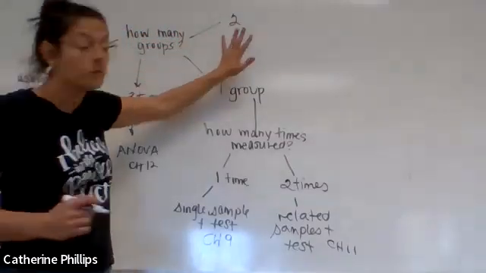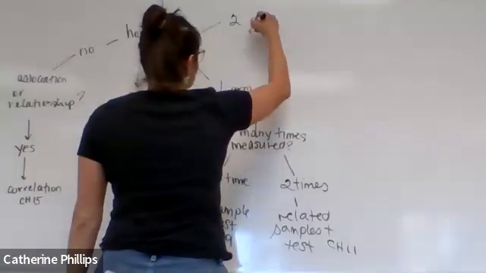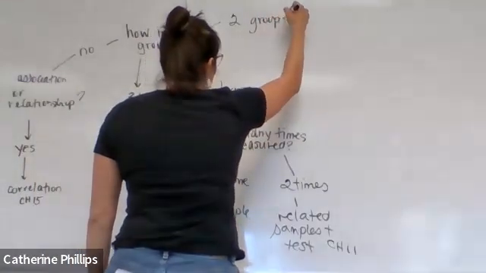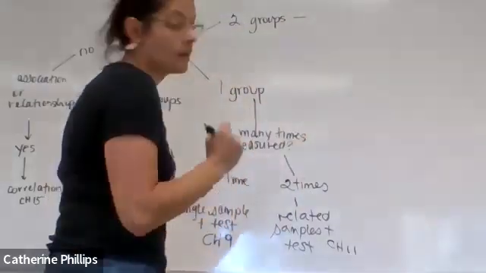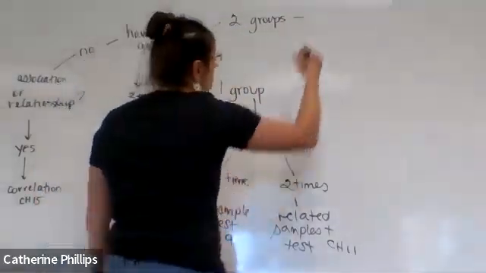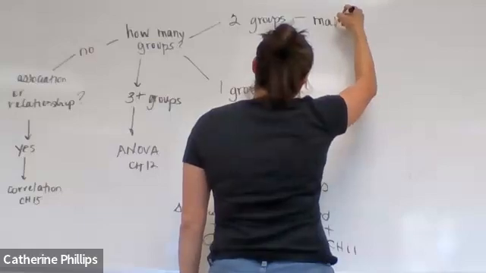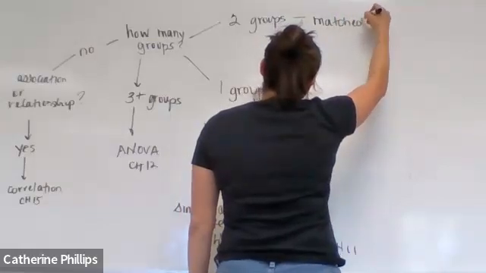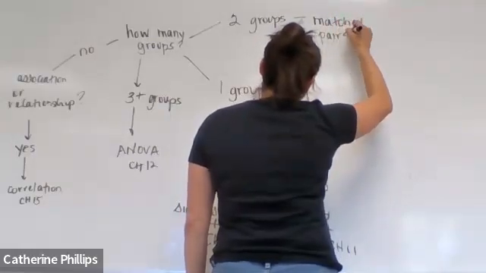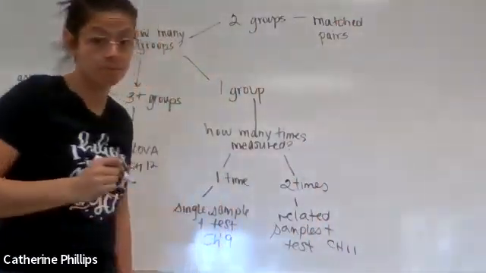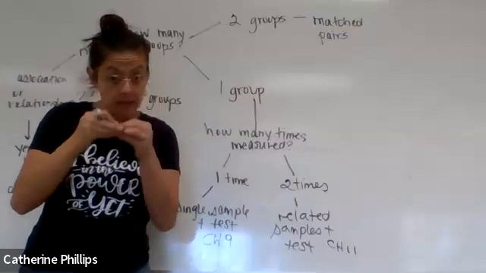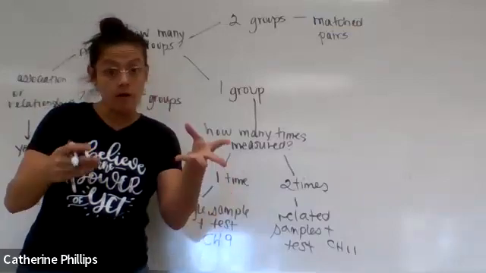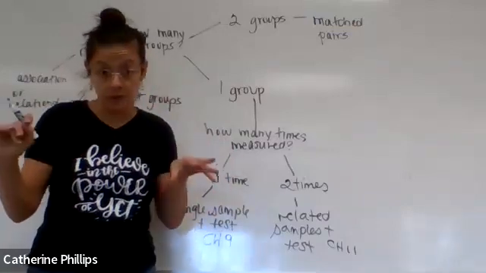If you have 2 groups, then you want to ask yourself, are they matched pairs? Are the groups paired or linked in some way, or are they completely separate from each other?